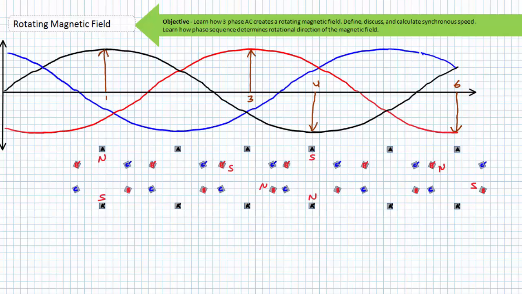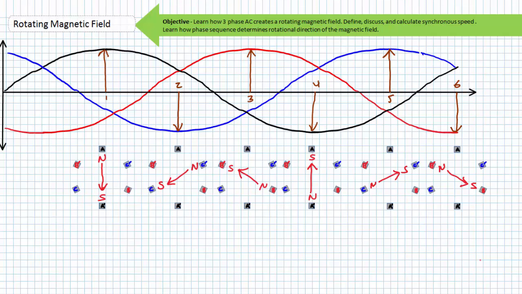If winding C receives the blue L3 phase, at the negative maximum of L3 at time T2, C will be a south pole and C prime will be a north pole. At the positive maximum of L3 at time T5, C will be a north pole and C prime will be a south pole.